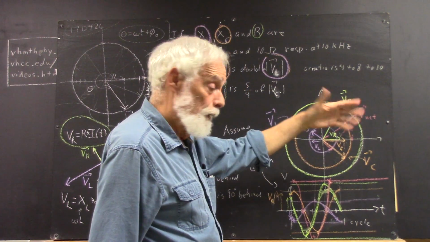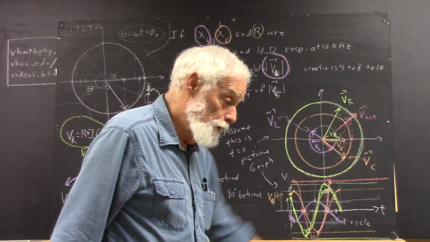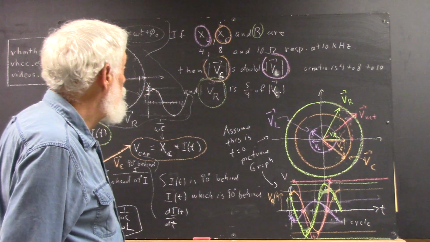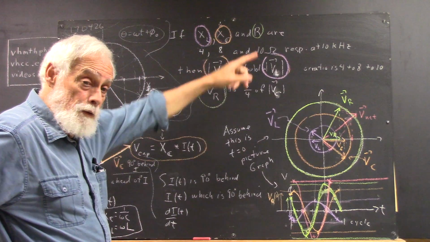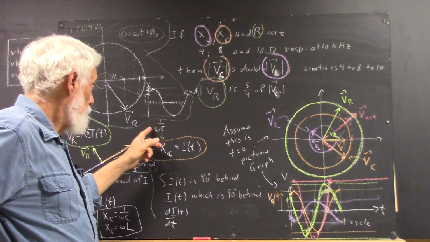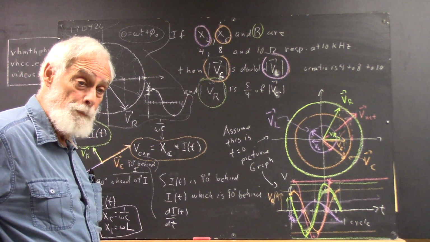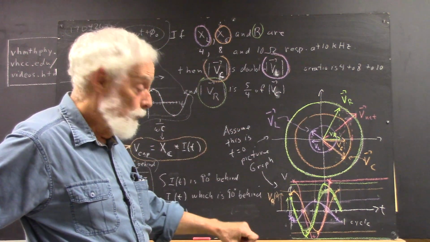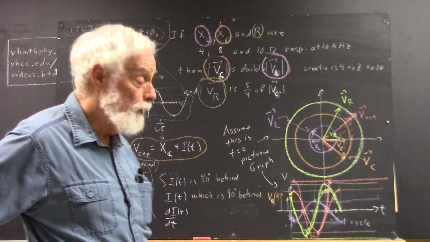It can also affect and will affect the magnitude of V net. So we have to start by calculating these quantities in terms of whatever I say happens to omega, and then drawing the appropriate picture and constructing the appropriate graph.